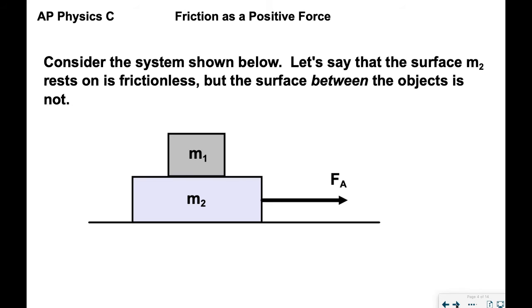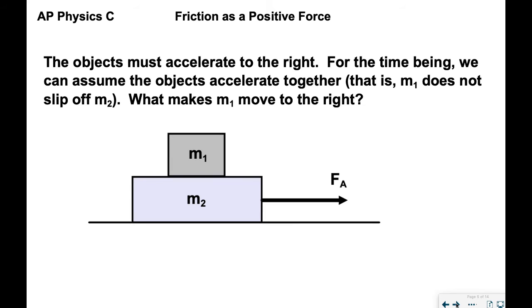So between M1 and M2 there's static and kinetic friction. The objects are going to accelerate to the right. For the time being, we will assume that the objects accelerate together. That is, M1 doesn't slip off the back of M2.